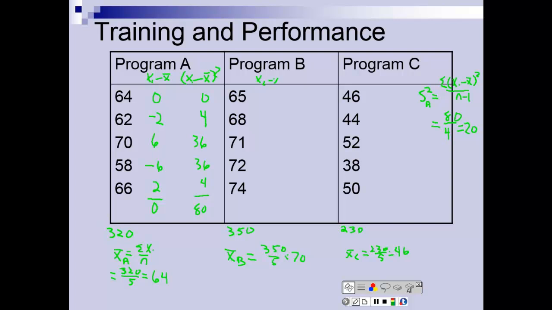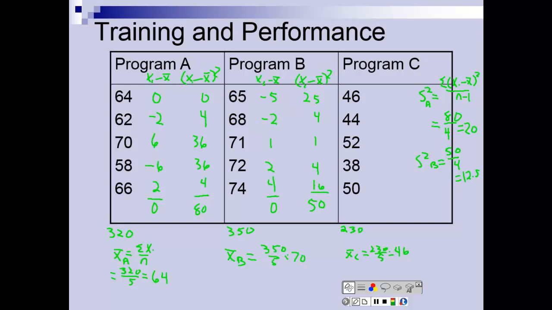So for B, x of i minus x bar and x of i minus x bar squared, except I'm subtracting from 70. That sums to 0. That looks like 50. So S squared B is going to equal 50 divided by 4. It's 12.5.